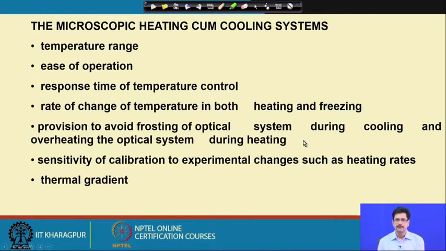Okay, so for conducting the heating freezing experiments, there are devices which we call microscopic heating cum cooling, or heating cum freezing systems.